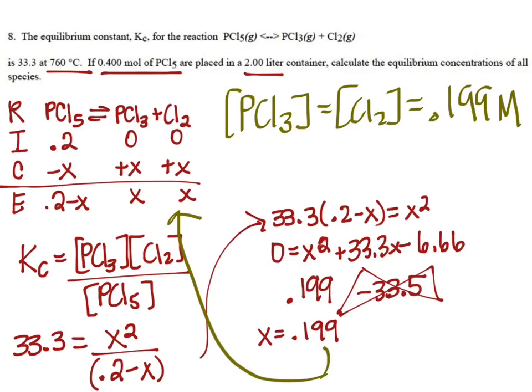And then we solve for PCl5. It is 0.2 minus 0.199, so 0.00100 molar.